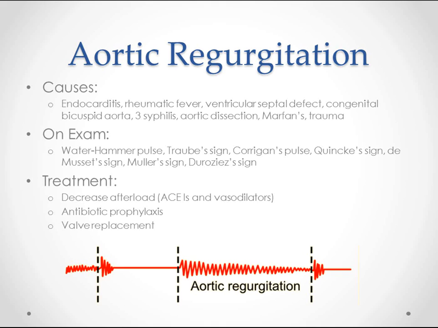Tertiary syphilis can cause this, as well as aortic dissection and Marfan's, as well as trauma. So lots of things can cause this, but the overlying idea is that we are losing the effectiveness of the valve to close.